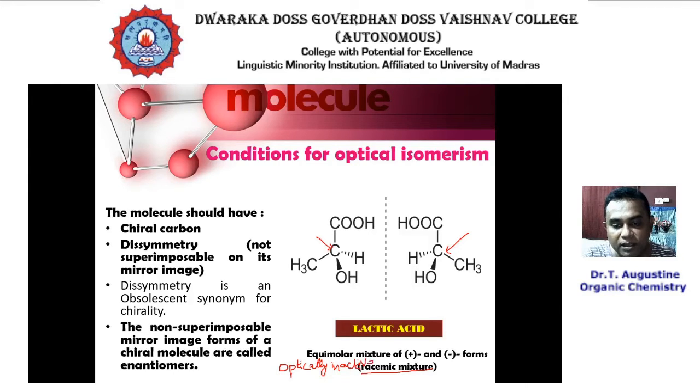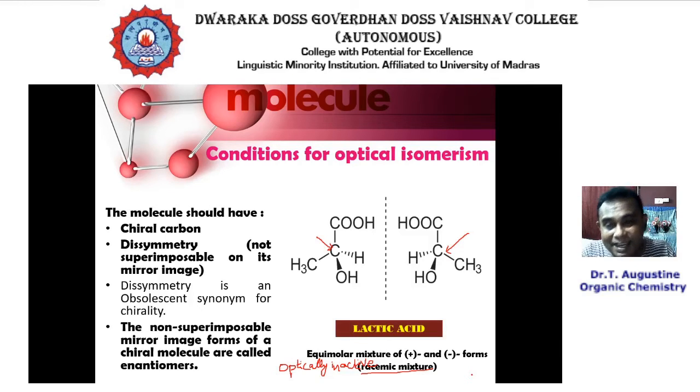It should be chiral, it should be dissymmetric, and it should not be a racemic mixture. Another important condition is the symmetry condition, where there should not be any symmetry elements present in the molecule, and the molecule should be completely devoid of symmetry, and only then can you call that molecule asymmetric.